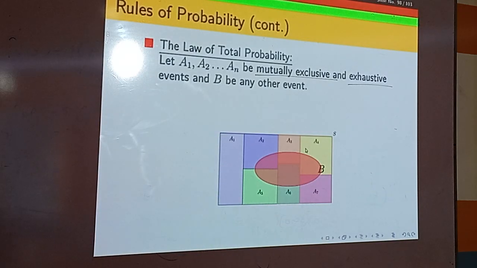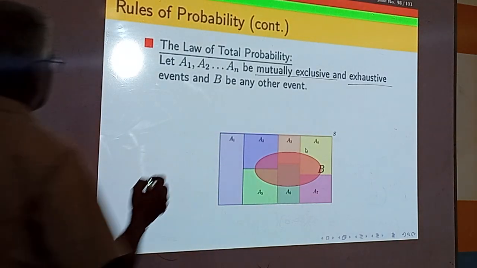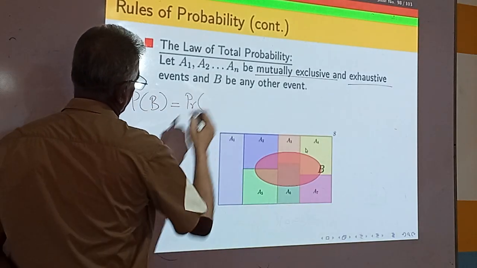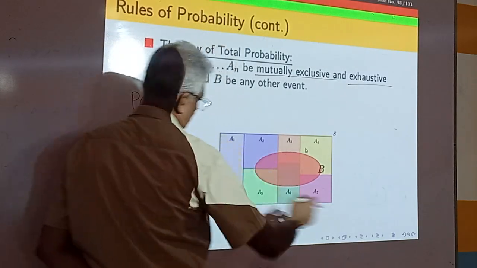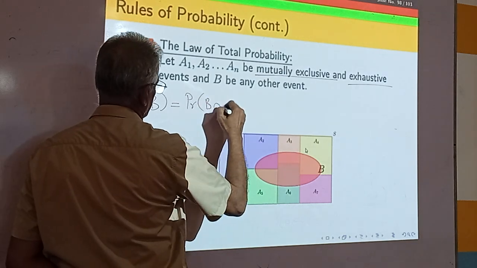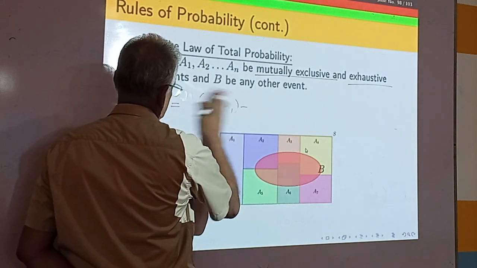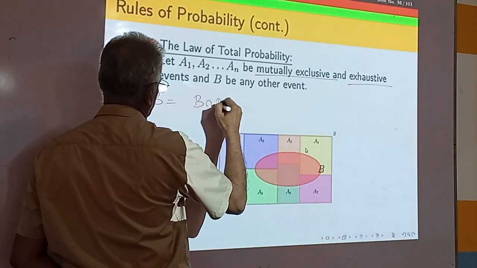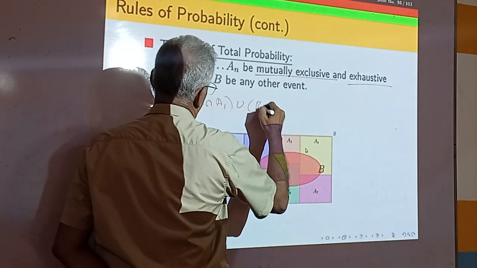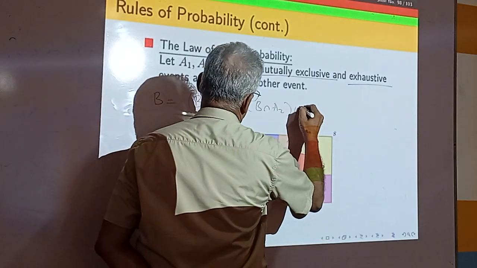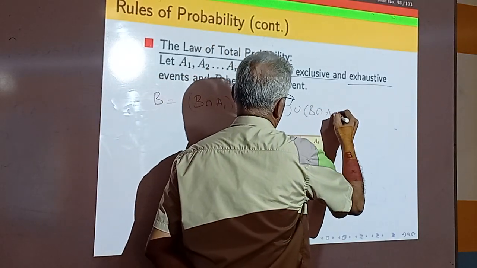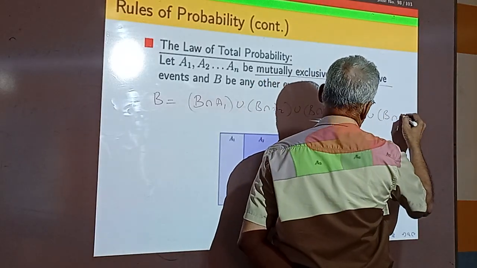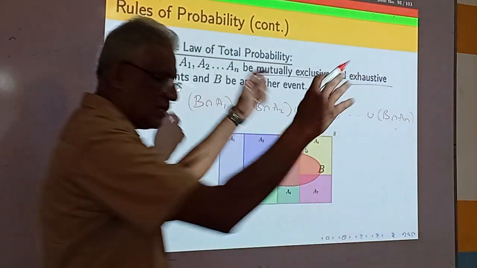So in that case, we can very simply write down the probability of B. According to this picture, first of all, you can write B is equal to B intersection A1 union B intersection A2 union B intersection A3 union B intersection An. Right? Generally, it's like that.